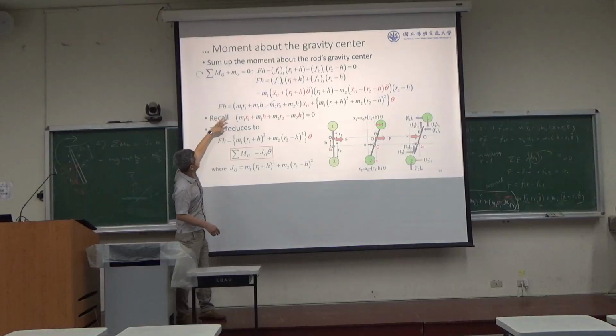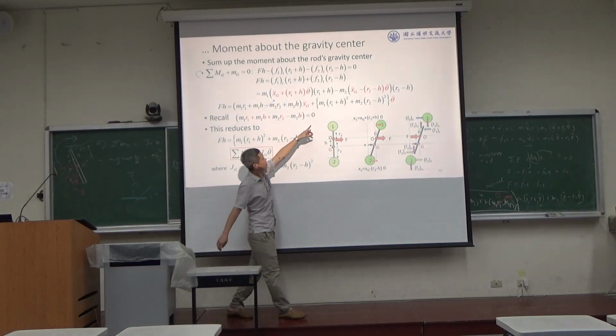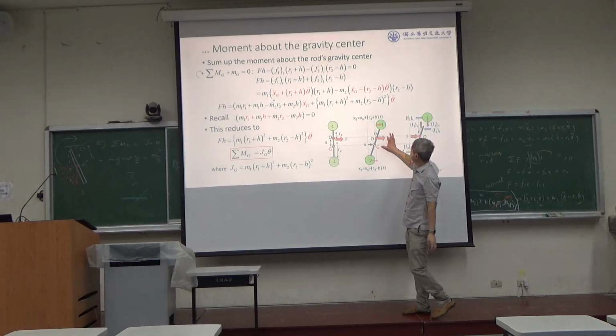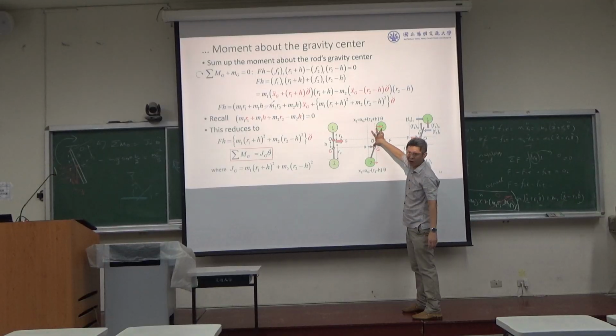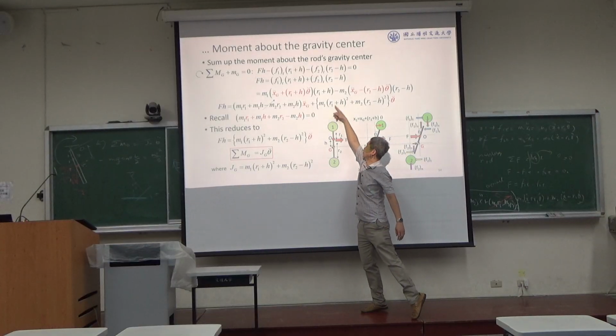And then it reduces to this expression. Okay? Now, what is your new moment inertia? Your moment inertia is measured from gravity center to bob 1, which is R1, h plus R1. The moment inertia is R1 plus h squared times m1.